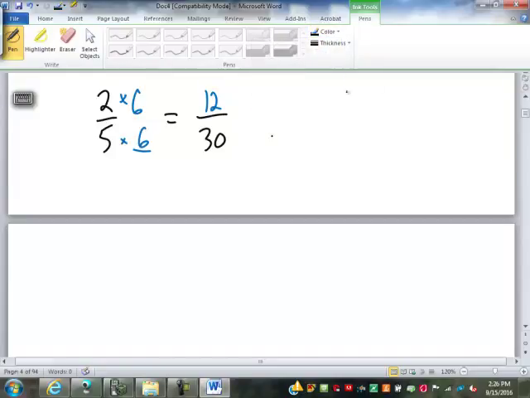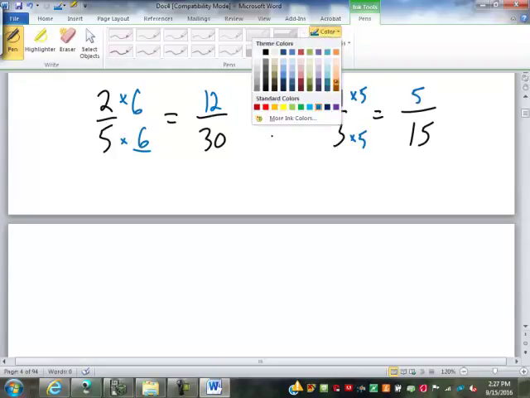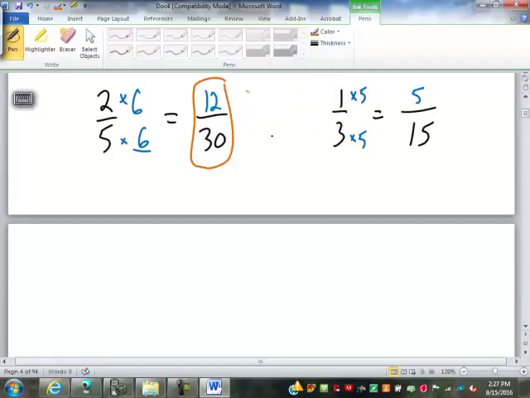Or we might have 1/3, and we need to change it to 15ths. Perfect. We had to multiply the 3 by 5 to get 15. So yes, 1 times 5 is 5. So here, 12/30 and 2/5 have exactly the same value. 5/15 and 1/3 have exactly the same value.